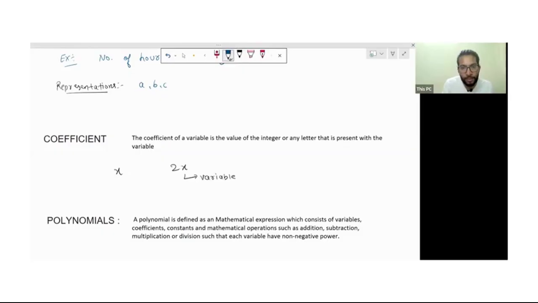So we can simply say this 2 is coefficient of x. And when only the variable x is written there, then we simply say 1 is coefficient. Now you can try this one by yourself. If I write 2x plus 4, and ask what is the coefficient of x, then it's also same, 2.